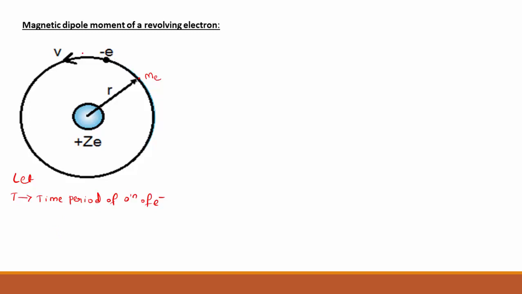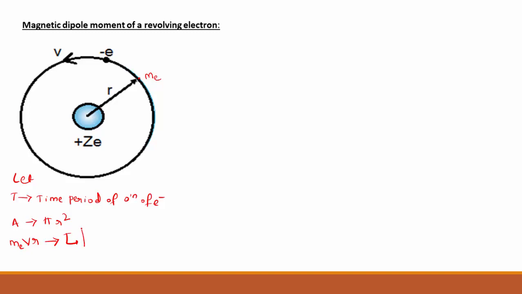When this electron is revolving around the nucleus in a circular orbit, the area of the circular loop A is equal to pi r squared. The electron revolves with constant speed. The product of the mass of the electron, its speed and the radius is the angular momentum.